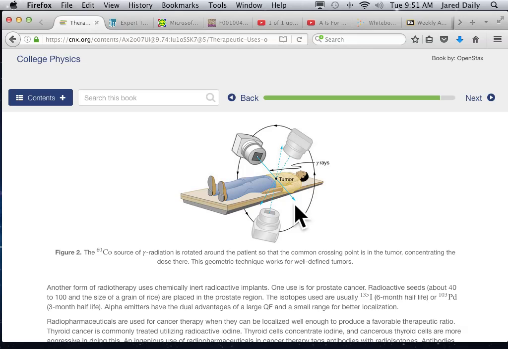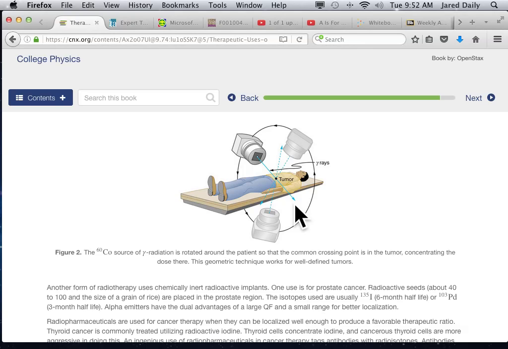But if it's a low enough dose for each one of these separately, it's okay, because it's only going to affect you along the line of fire. However, if you aim them all towards one spot from different directions, so that they only overlap at that one spot, you're going to get triple the amount of radiation, but only at that spot where they overlap.